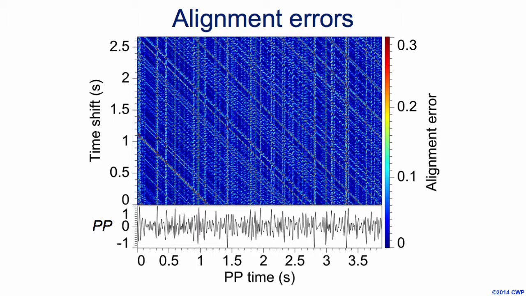So we know that there should not be any negative time shifts because PS times are always greater than PP times. We also know something else, and that is that the time shift function must always increase with time. So the slope is also constrained, and that constraint is again very easy to impose.